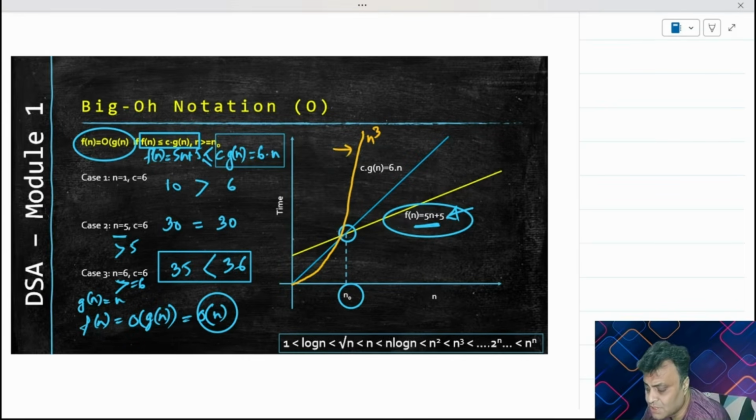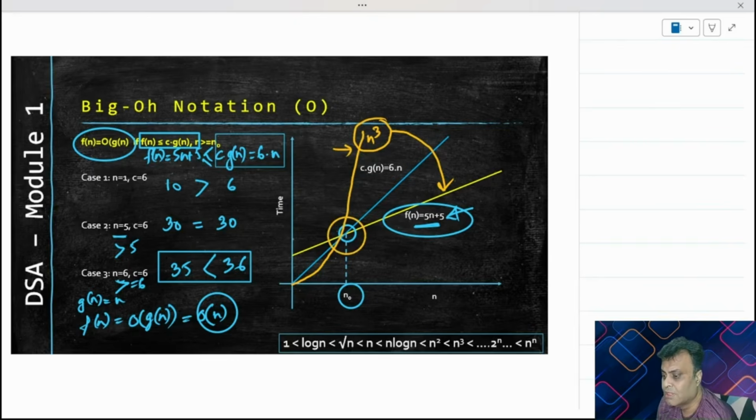Now all I said was there has to be a simple time complexity that will cross the complex time complexity at some point of n, right? And then we can say that that simple time complexity is the upper bound. So yes, n cube is the upper bound of this particular function also. N, as we calculated here, is the upper bound of this function.